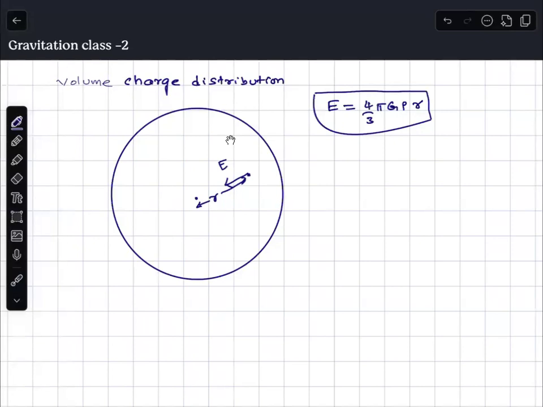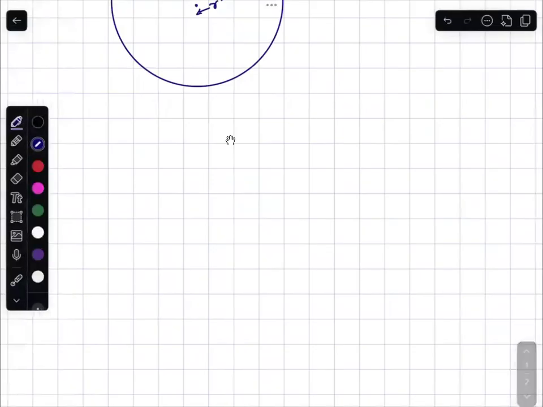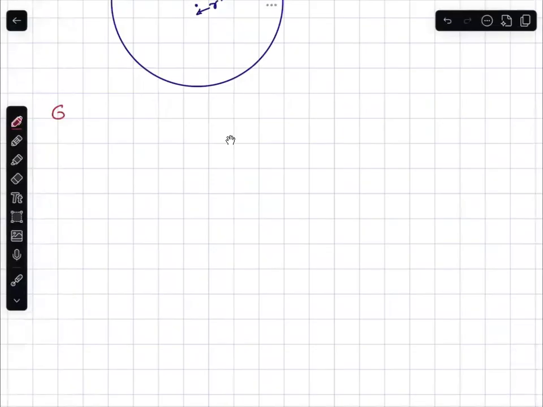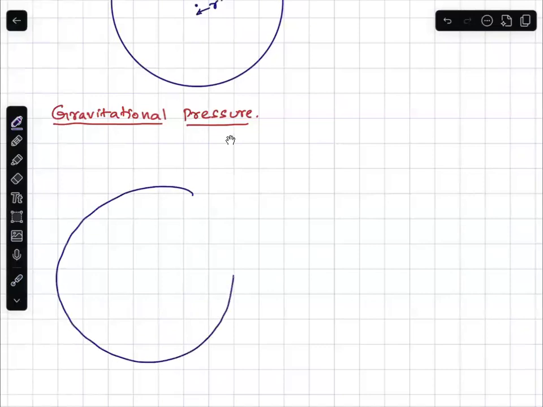For example, you take gravitational pressure. This is the heading. Now you imagine a sphere.